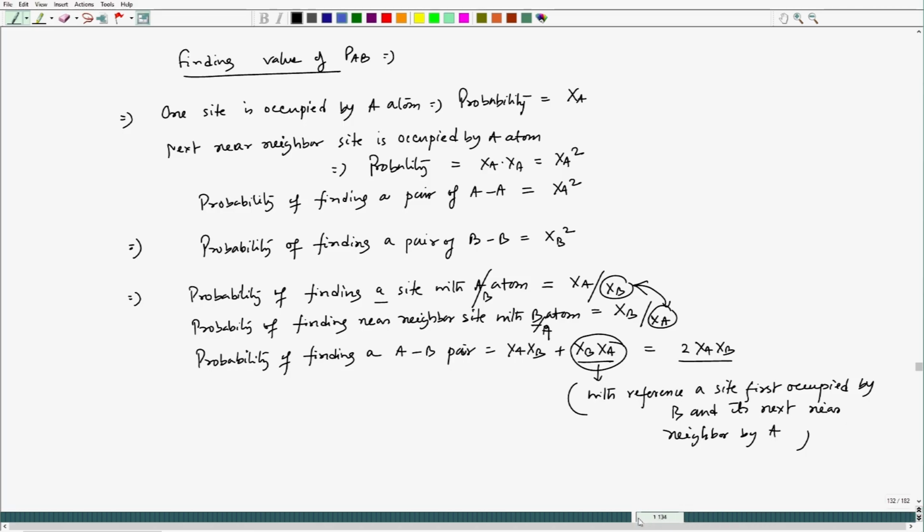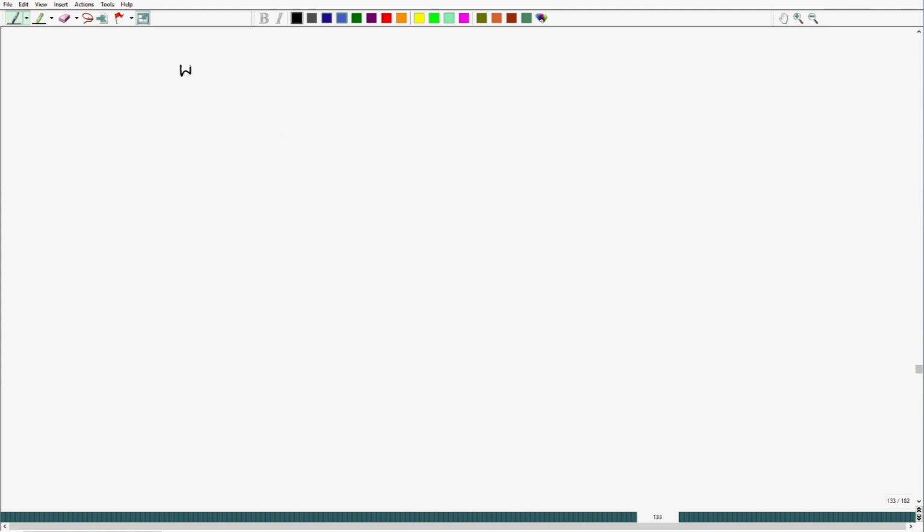So, once we find that, then we can actually get the number. Let us find out the number of lattice site pairs in the solution, which is nothing but half of this. Now, we know in the solution the total number of atoms is NA plus NB equal to N0, the Avogadro number.